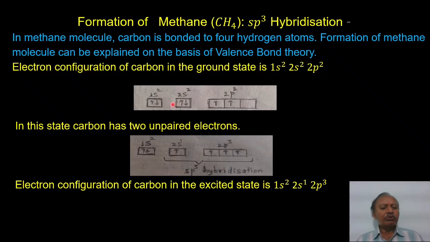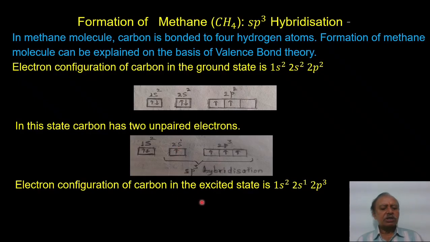When one electron is promoted, one electron remains in 2s. For that reason it is 2s1. After excitation the vacant 2p orbital gets one electron. So there are three unpaired electrons in the 2p subshell and one electron in the 2s orbital.